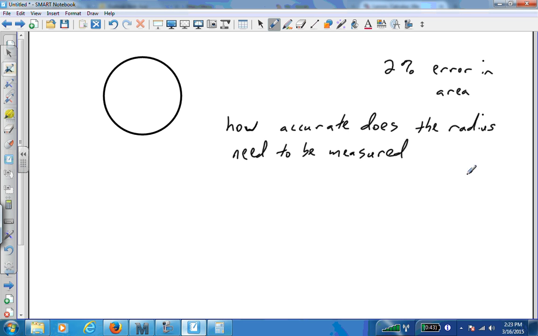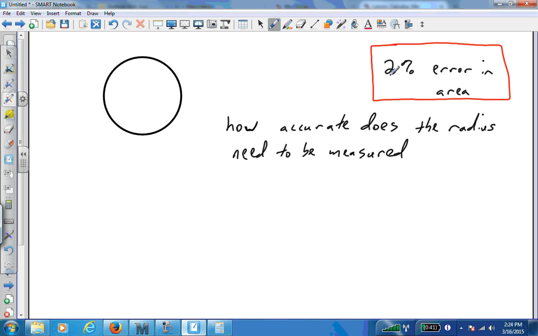Another way of thinking about it, what is the allowable error in production of the radius? So you're looking at an assembly line, and you know that coming off that assembly line, we know what the desired area is, and I'll give you that number in a minute. But we can be within 2% of that particular area, and this be a sufficient part.